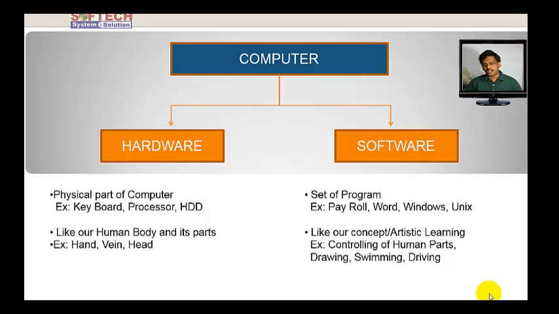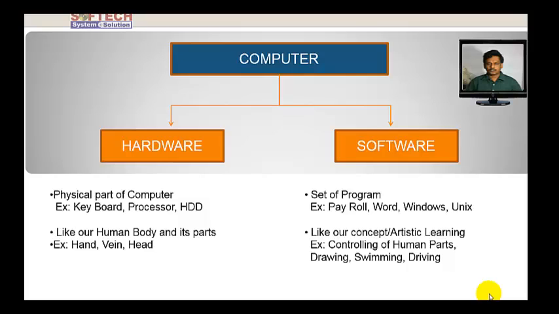That human system is already controlled and managed by some preloaded software. That software is the human system software. After the human system is controlled, it will execute, that is, it will learn swimming, driving, drawing. These are all the application software.